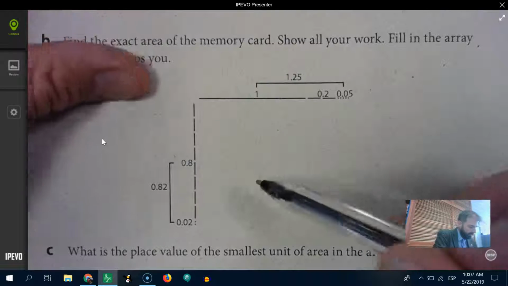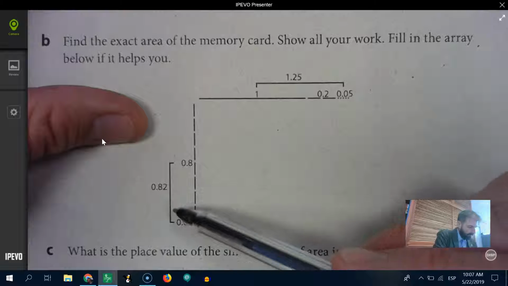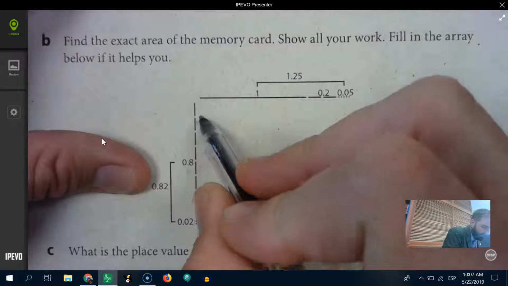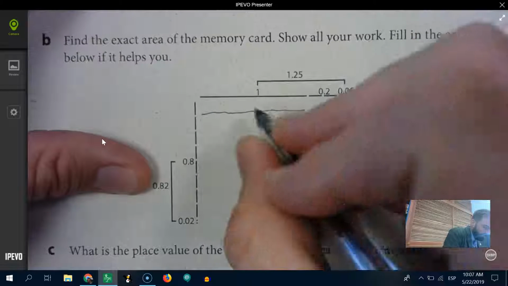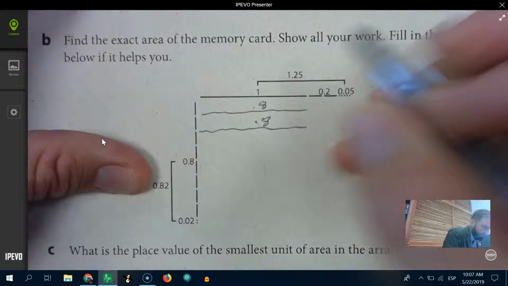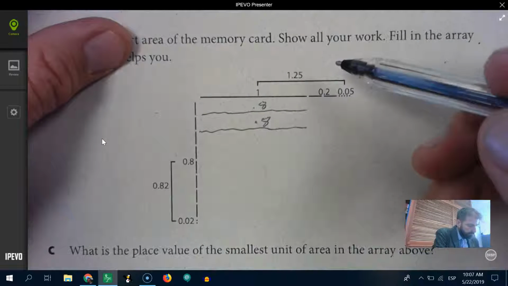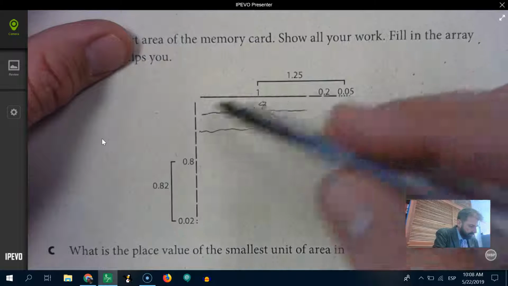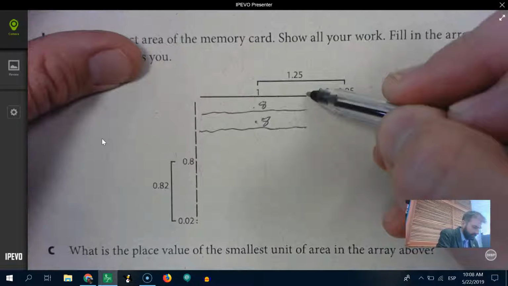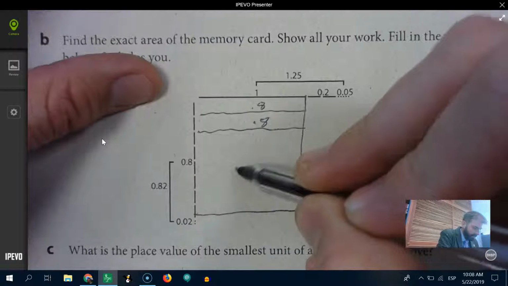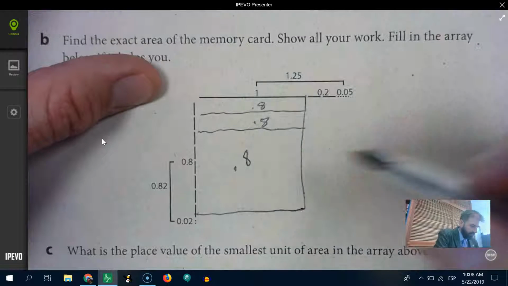Is this piece 0.8? No, wait, that's not right. It's separate, so it's point something or other. Anyway, I like doing it this way better, because this whole thing is 0.8, since it's 0.8 times 1.